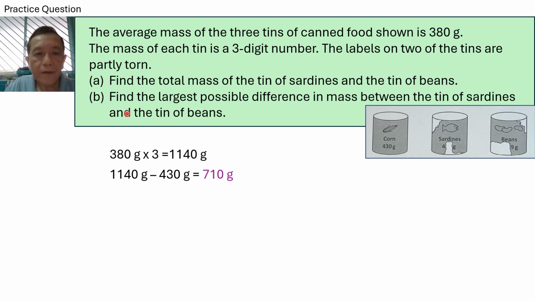Next, we find the largest possible difference in mass between the tin of sardines and the tin of beans. The largest possible mass for sardines is 499 grams.